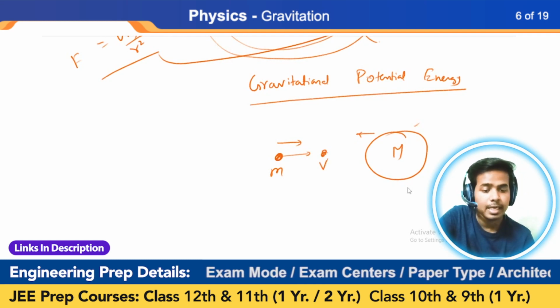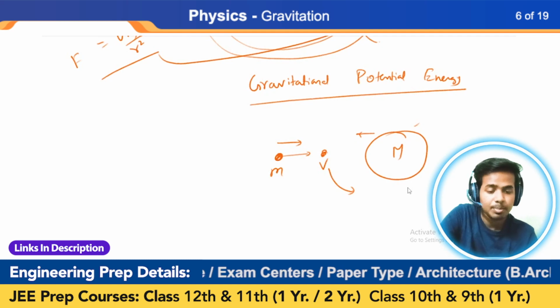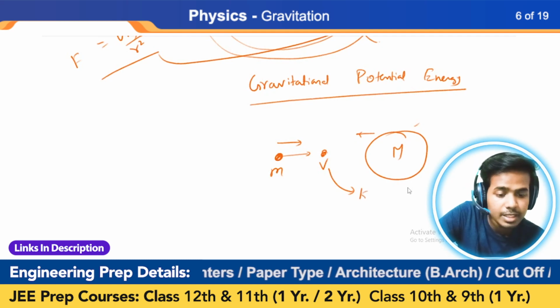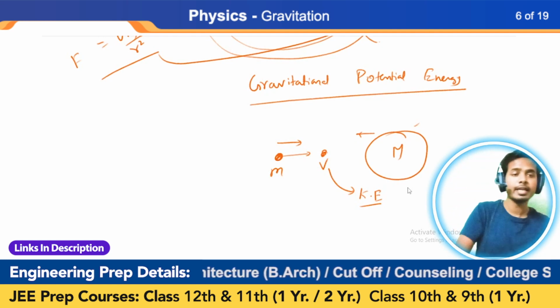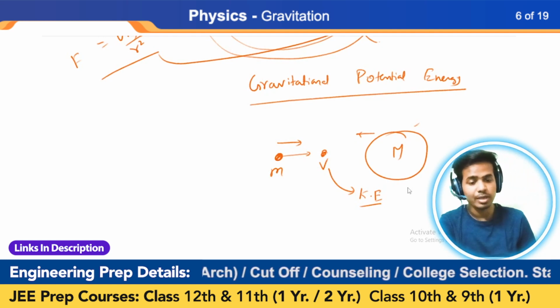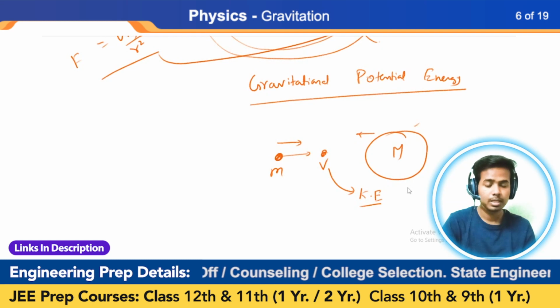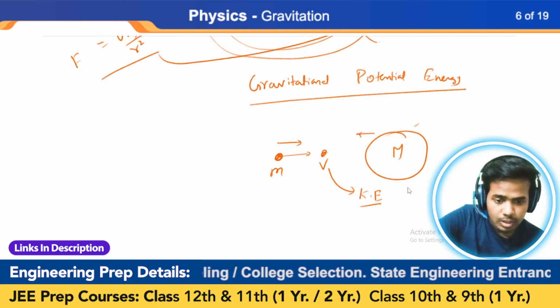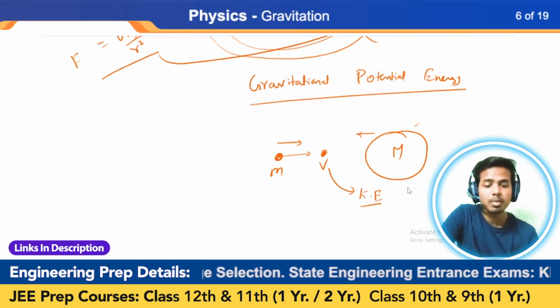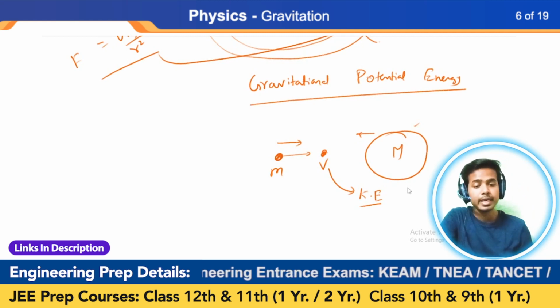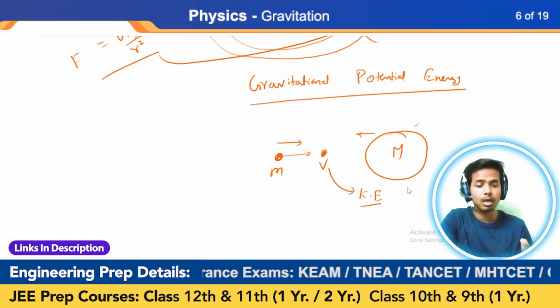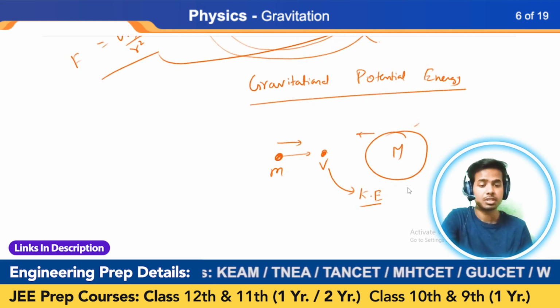But due to velocity, it must also have something called kinetic energy, right? Because kinetic energy is nothing but half mv square. If it has a velocity, it must also be having some kinetic energy, and that means there must be some potential in this body or in this system of bodies to generate mechanical energy into the system.